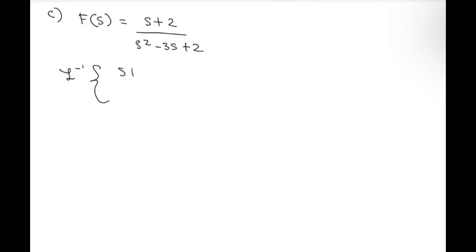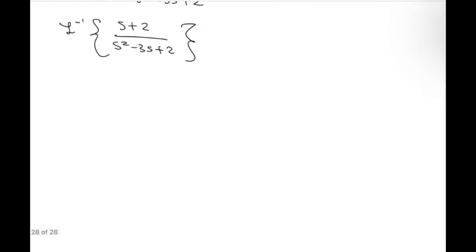So let's try C. F(s) equal to s plus 2 over s square minus 3s plus 2. So we want to find the inverse Laplace transform for F(s). So we want to convert this into equations of t, y(t), f(t). So let's find the inverse Laplace of s plus 2 over s square minus 3s plus 2.